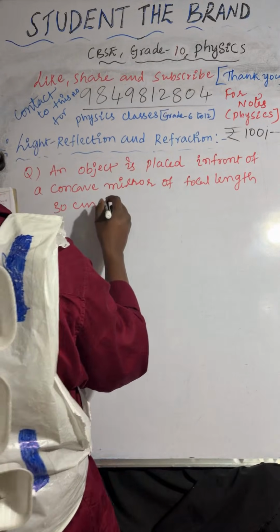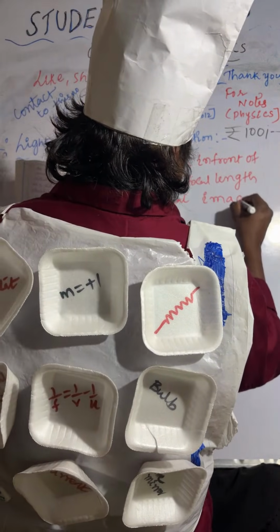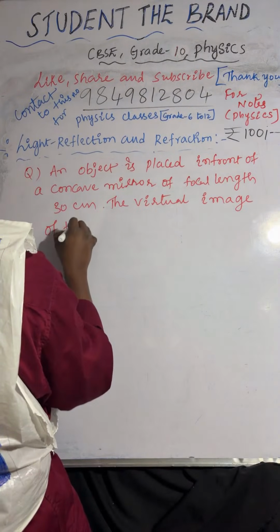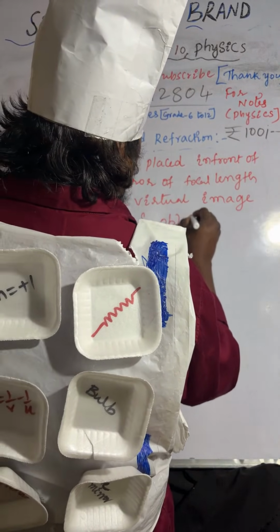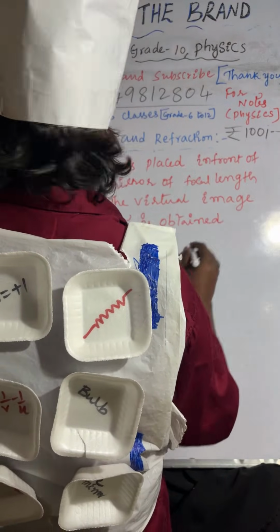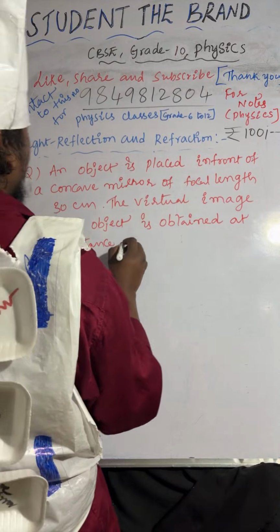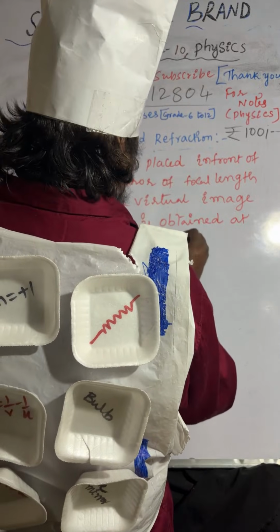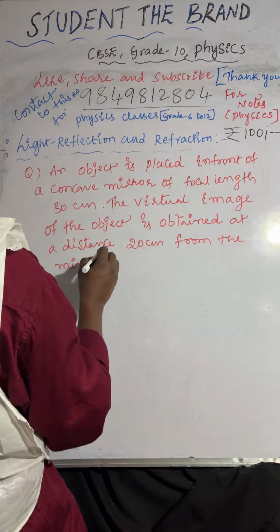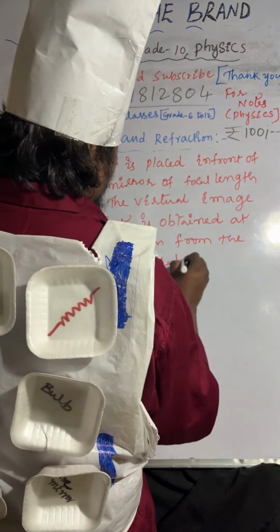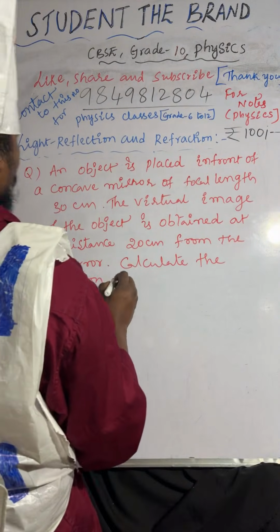The virtual image of the object is obtained at a distance 20 centimeter from the mirror. Calculate the position of the object.